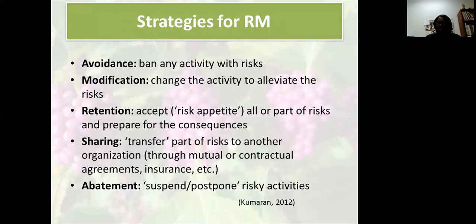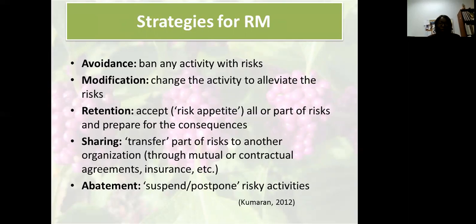So what are the strategies for managing these risks that you've probably identified? Once you've considered those risks, you need to make a plan for how your organization is going to manage those risks. So the first is avoidance. You can totally ban the activity because there are risks associated with it. And in everything we do in life, there are risks.